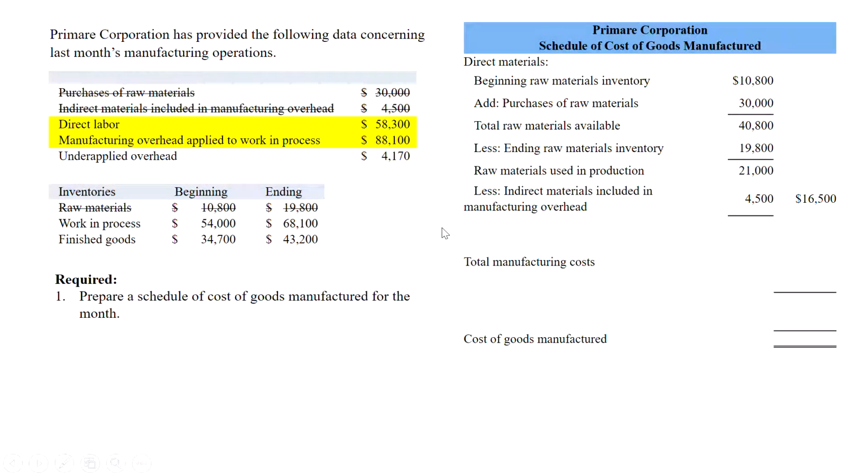So to my direct materials included in my manufacturing process, I'm going to add direct labor of 58,300 that I was given. I'm also going to add in manufacturing overhead applied to work in process of 88,100. Again, if I take my direct materials used in production of 16,500, add to it direct labor of 58,300, manufacturing overhead applied to work in process of 88,100, I get total manufacturing costs of 162,900.